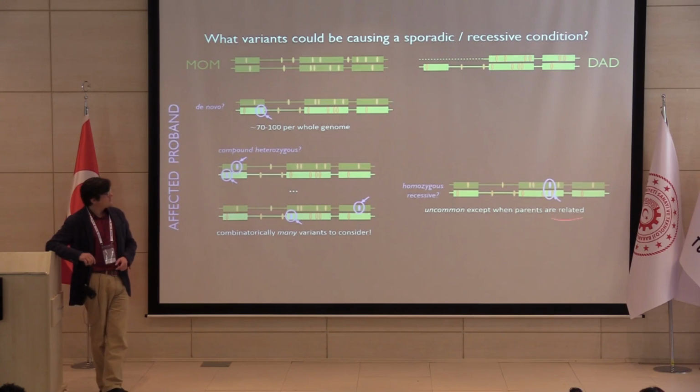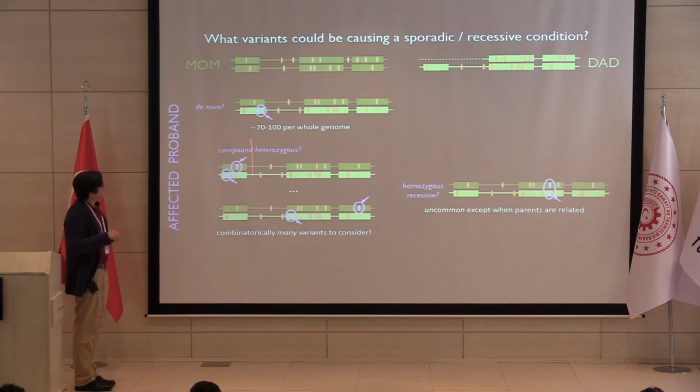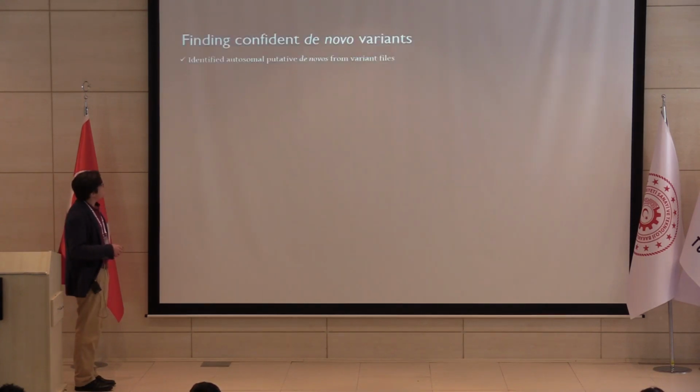So I'm not going to talk about these cases. I'm very tangentially involved in some programs in the Middle East that focus on these exact cases, and I don't think there are any people involved in the audience. I know that in Turkey there is also an excess of homozygosity. Okay, so I'm focusing on either de novo or biallelic situations of compound heterozygosity.